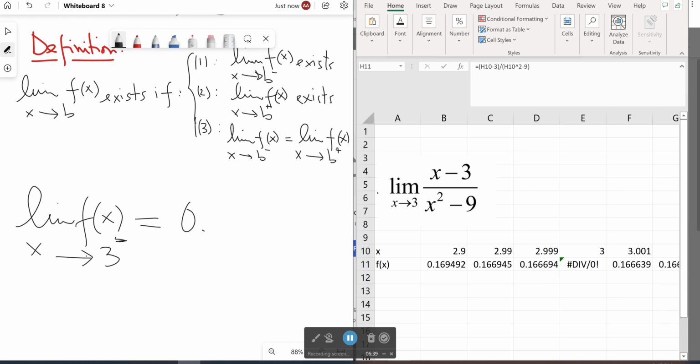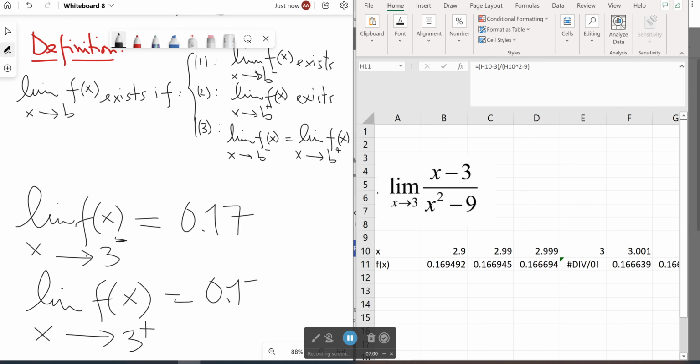So that limit existed and was equal to 0.17. Similarly, as x approached 3 from above, again we were here on the right hand side, f of x approached the value 0.17.